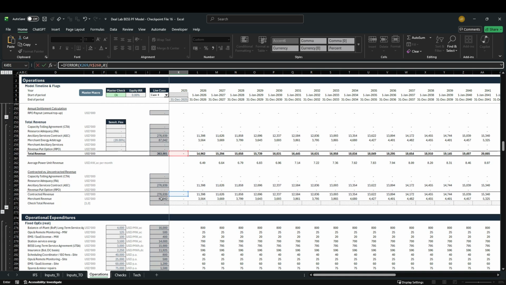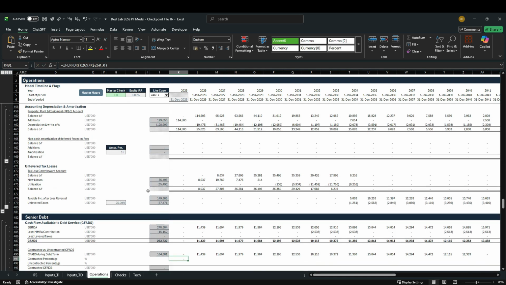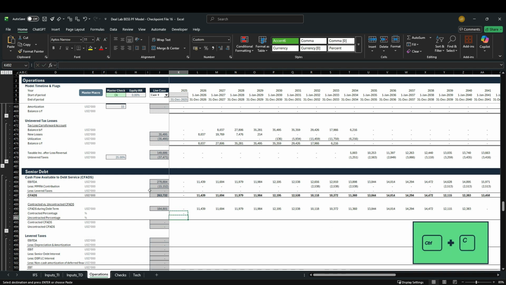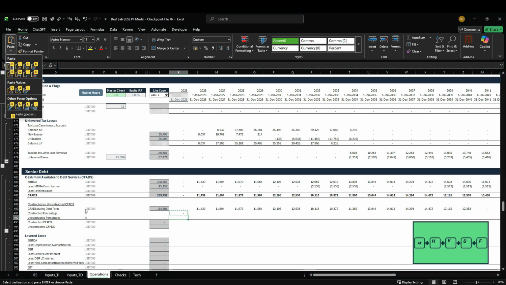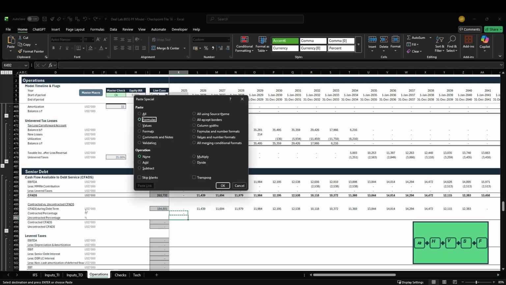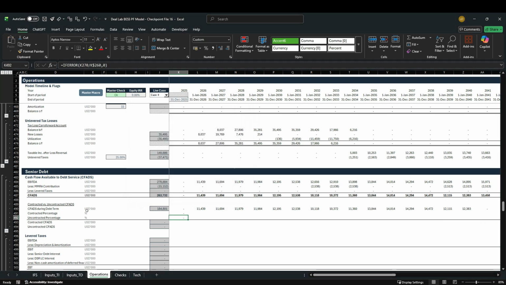And you can already see that in the next row, we actually have our merchant revenue. So we want to make sure that our total revenue is anchored and our contracted revenue is not, because that will allow us to drag this formula down, hit enter, copy this, paste it for our uncontracted percentage, Alt HVS F to paste special, so we keep our formatting.